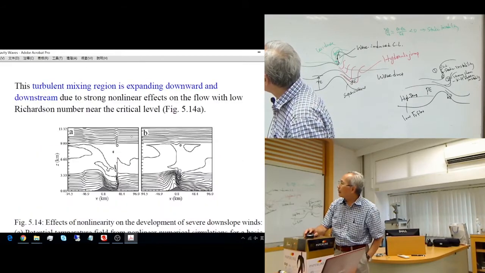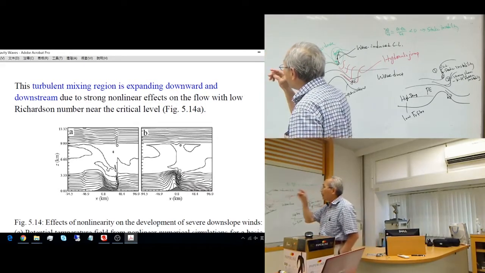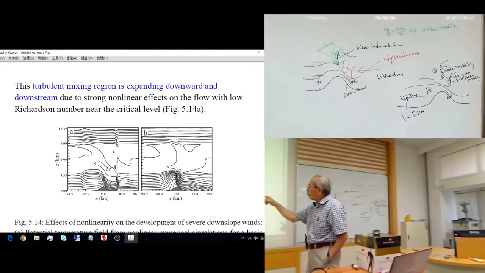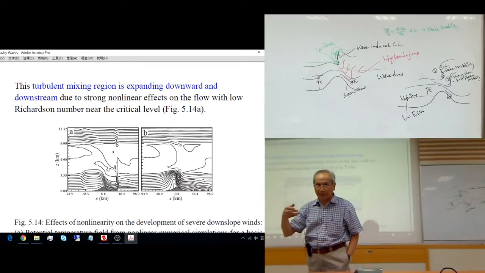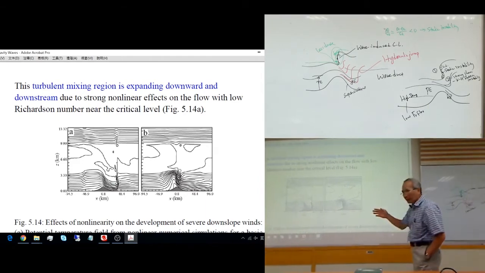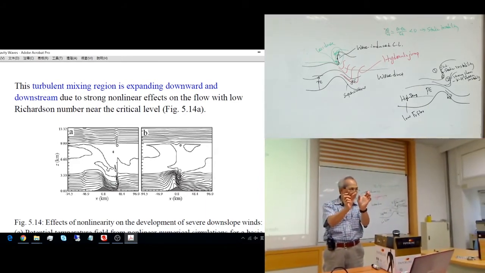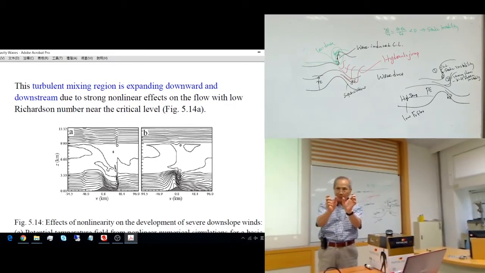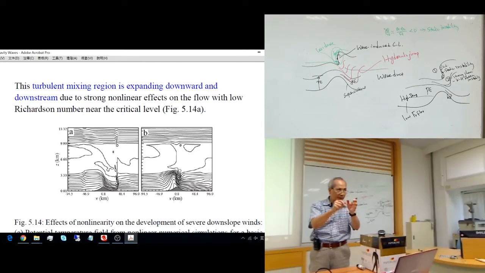I guess this means nonlinearity is very important, because in Lin and Wang's paper we used the model I developed. With that one, we can separate the perturbation and the basic wind, so we can turn off the nonlinearity.